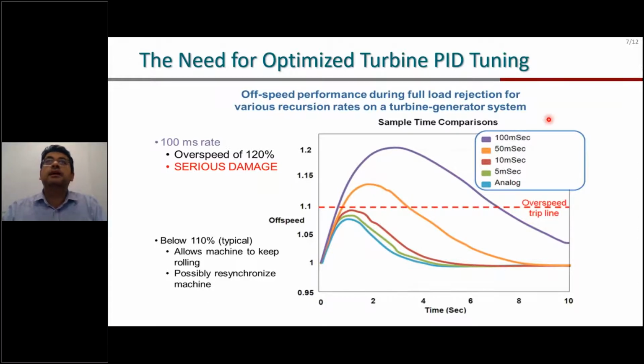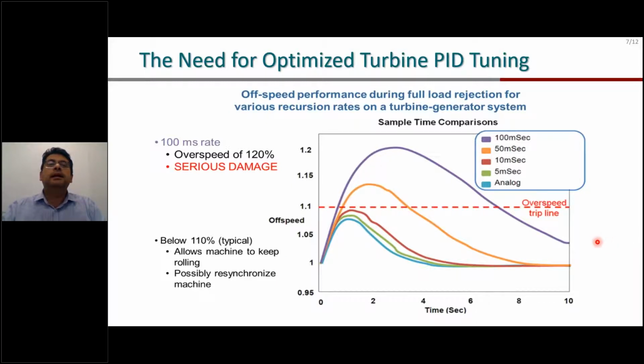If it takes 5 milliseconds, you may have something like 1.05, as you can see here in this graph. You will have a little bit of overshoot within the turbine. The longer the controller needs to take an action, the more overshoot you will see.